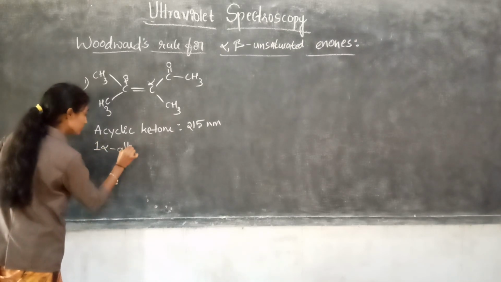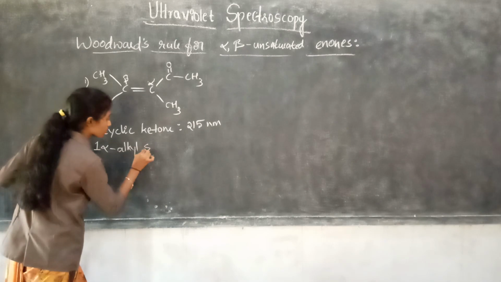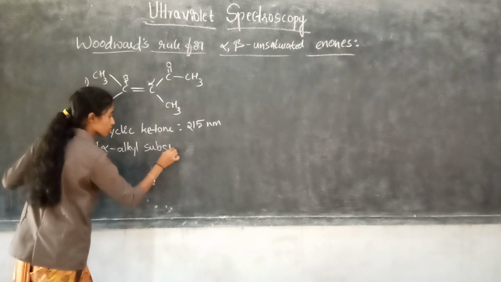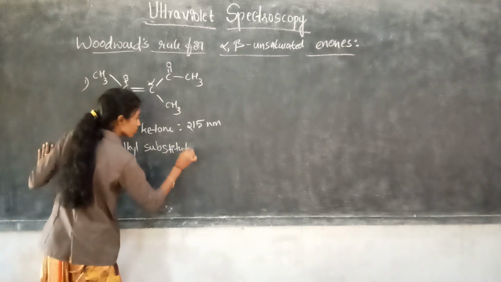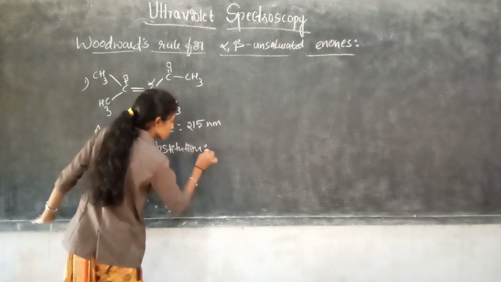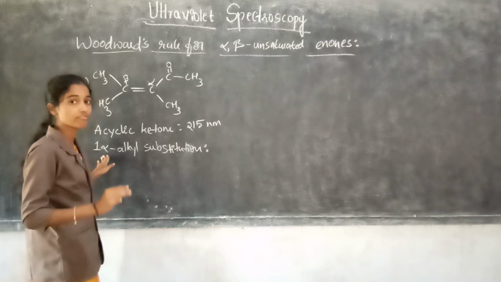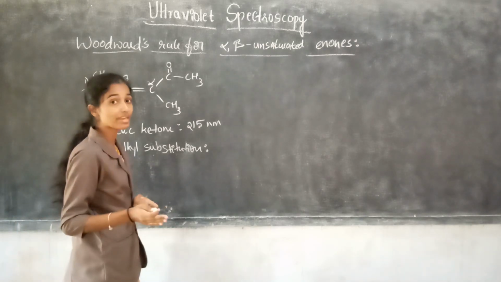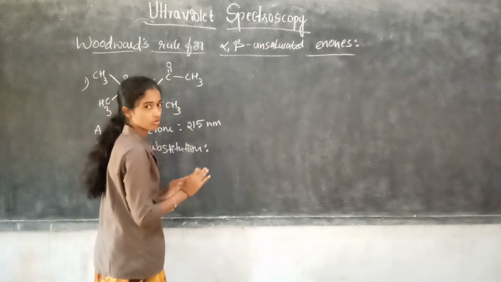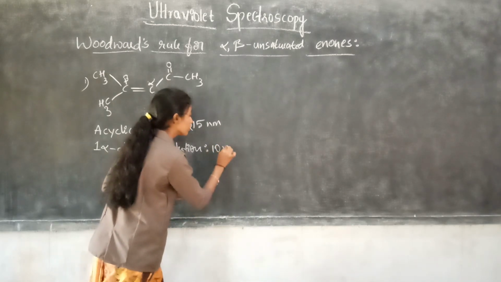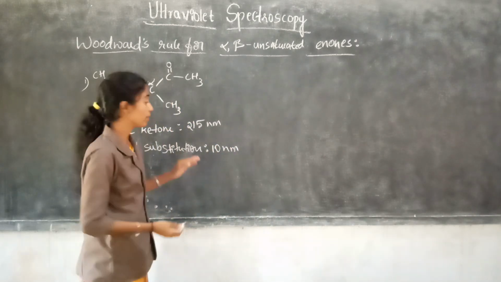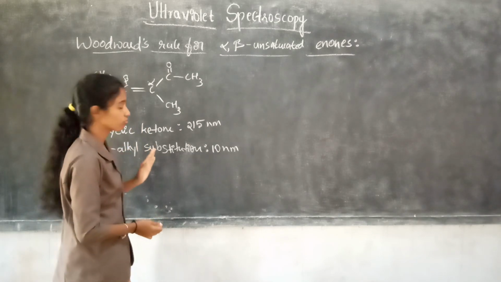If any alkyl substitution is present at alpha position, then there is an addition of 10 nanometer to the base value of the acyclic ketone system.